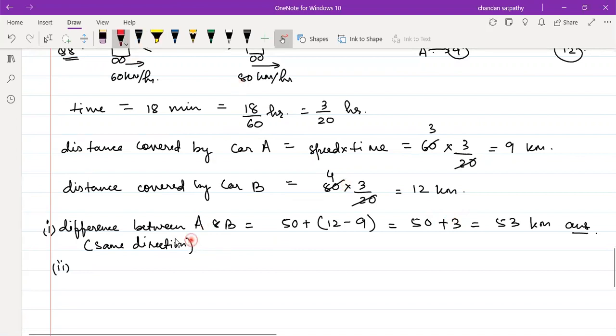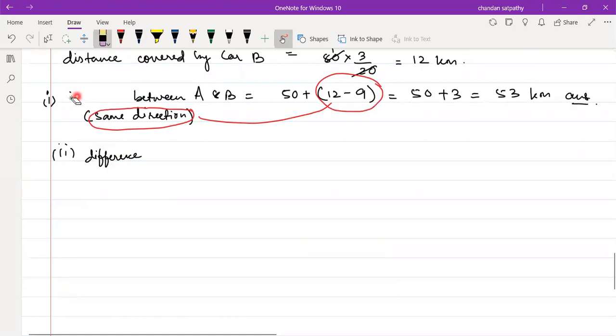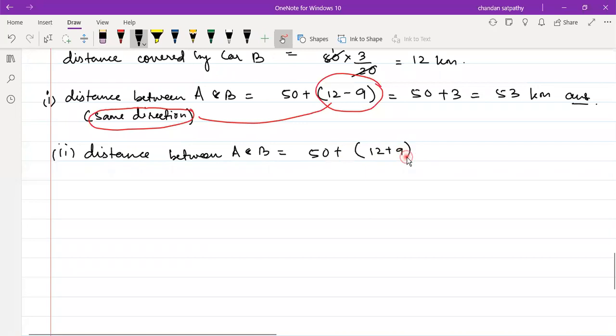Remember this, whenever the direction is the same, we do subtraction. Now for the opposite direction, the distance between A and B will be 50 plus 12 plus 9.